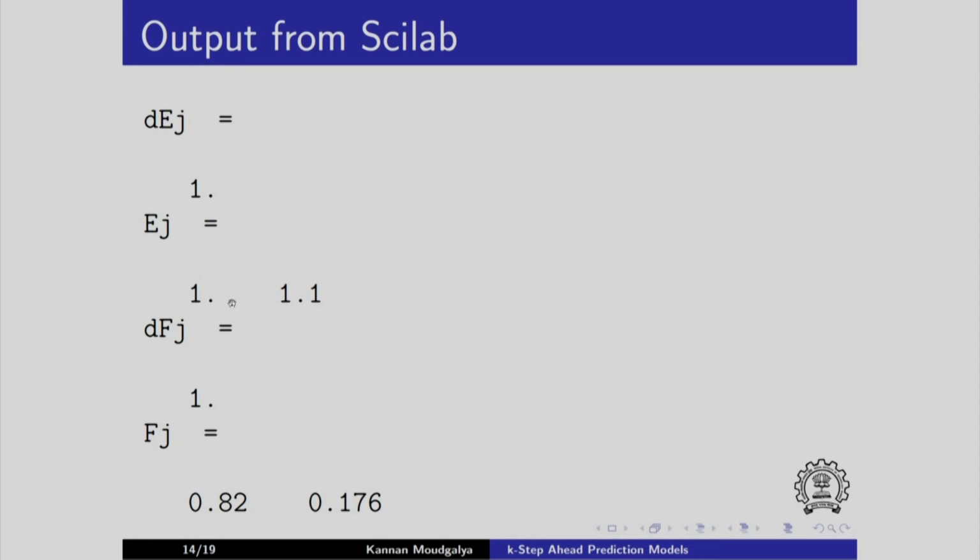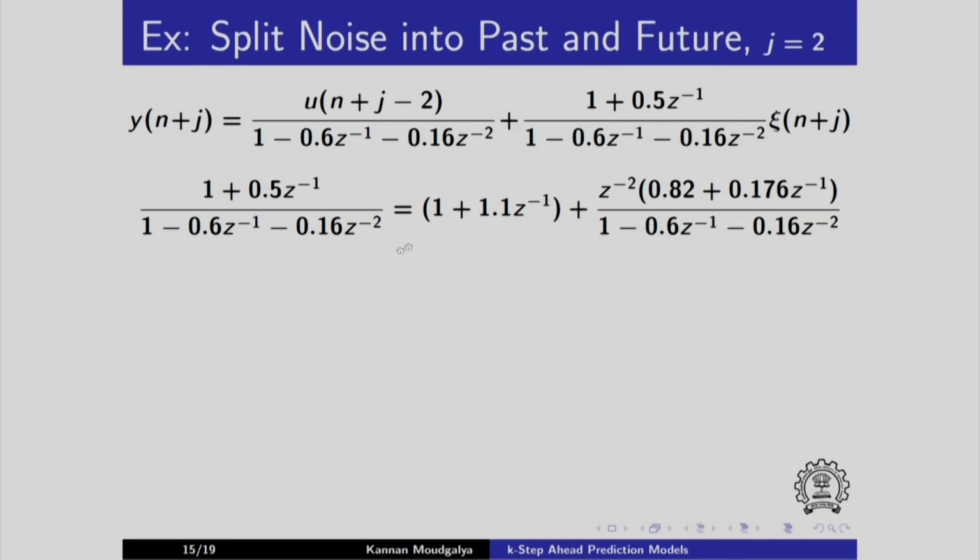See that Ej is 1 plus 1.1 z inverse, Fj is 0.82 plus 0.176 z power minus 1. This is in agreement with what we saw when we obtained these results numerically. So this is the effect of that long division. So that is, this term C by A has been divided like this.